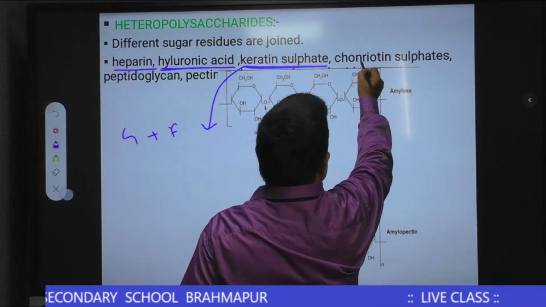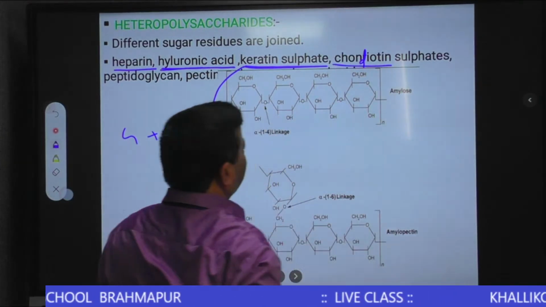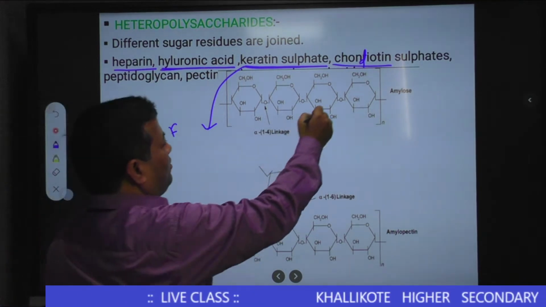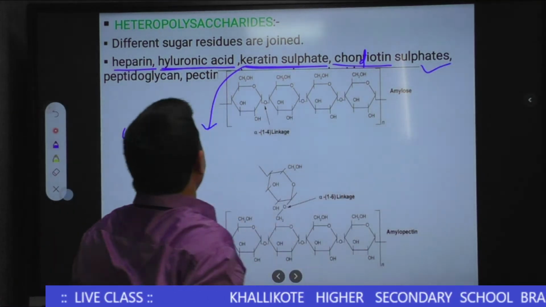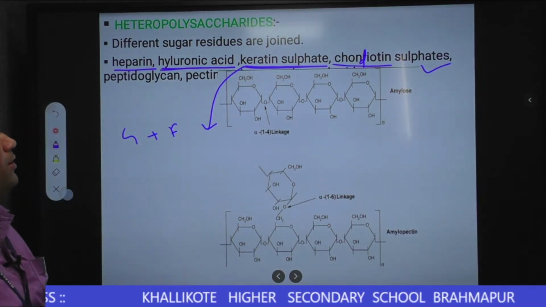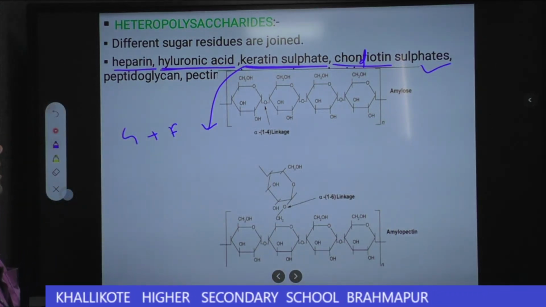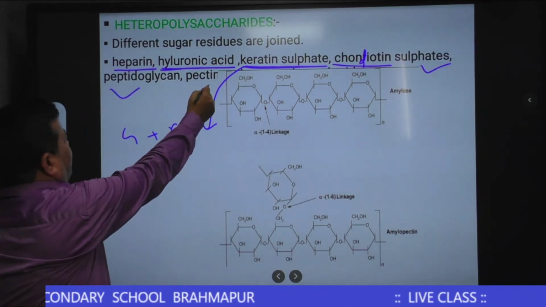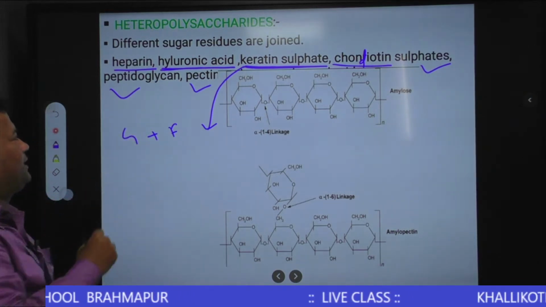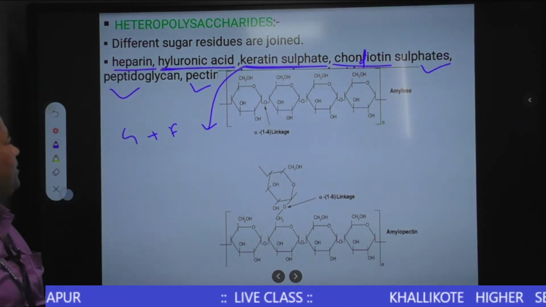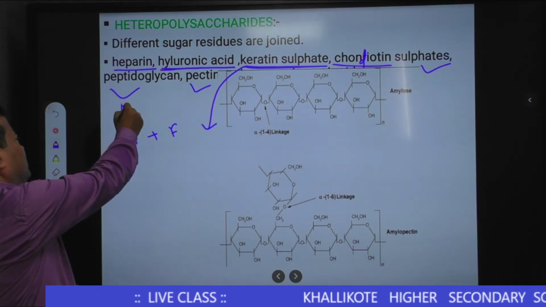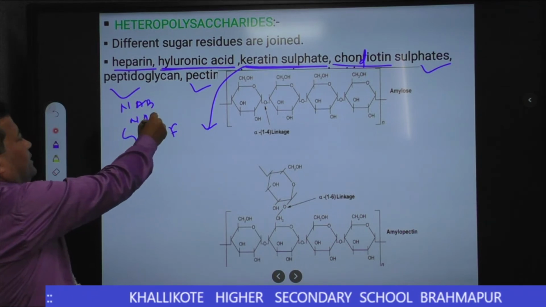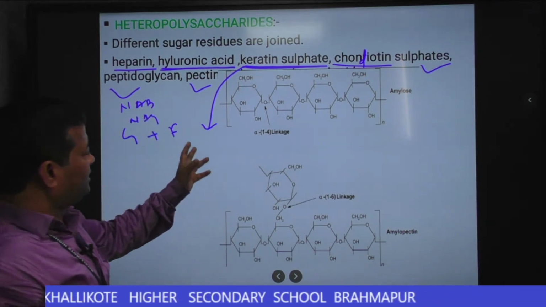Similarly, chondroitin sulfates are heteropolysaccharides. Similarly, peptidoglycan, pectin. Peptidoglycan, you know, is a bacterial cell wall component made of NAM and NAG. Here the different structures are given.